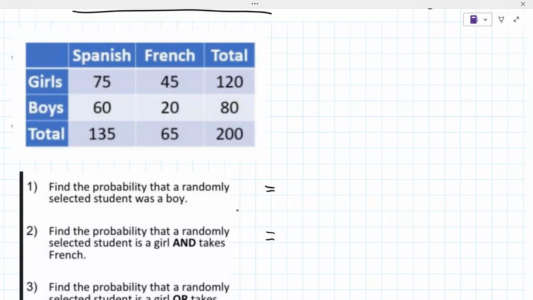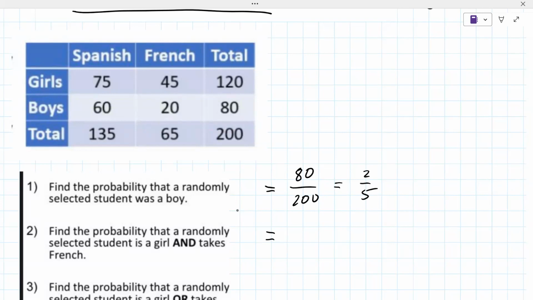For the first one would be 2/5. Okay, so a boy, there's 80 out of 200, which is yes, 2/5. Good. Keep going.